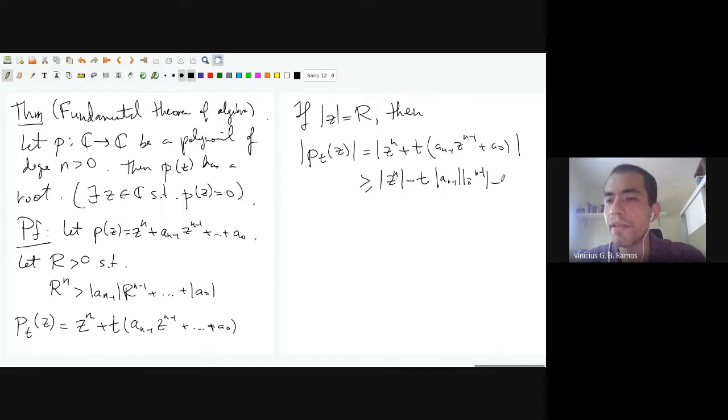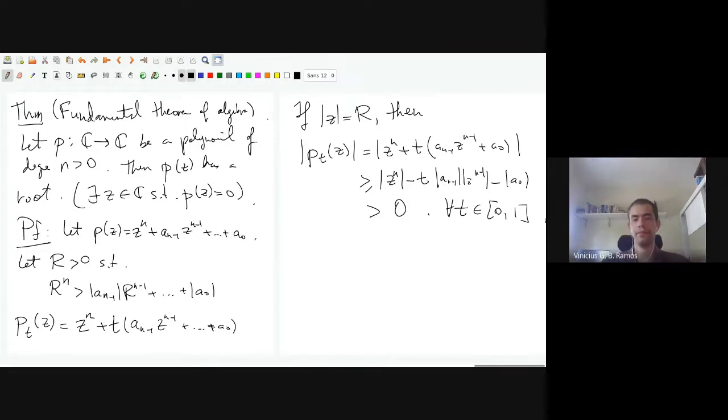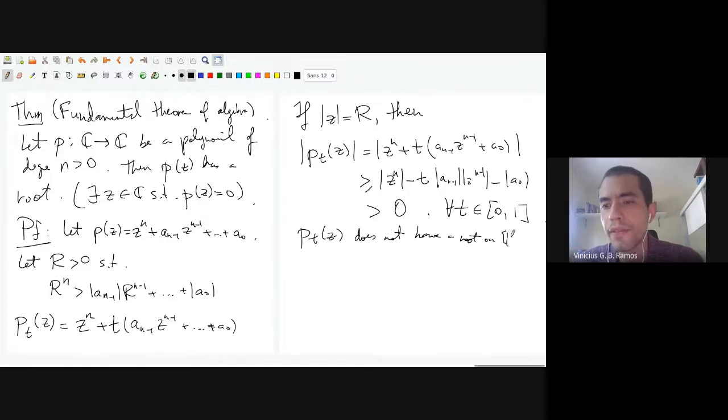This is the triangular inequality, minus norm of z_0, which by this condition here is going to be greater than 0 for every t between 0 and 1. So that means that p_t of z does not have a root on the circle of radius r.